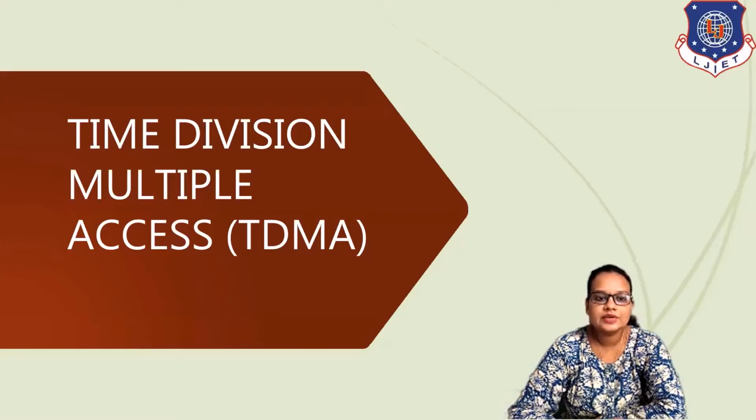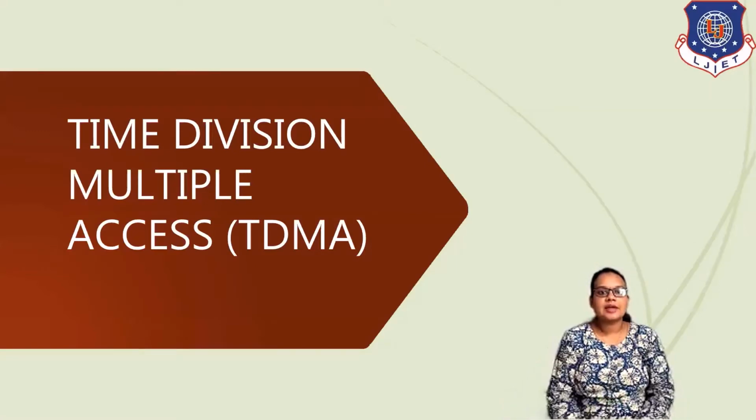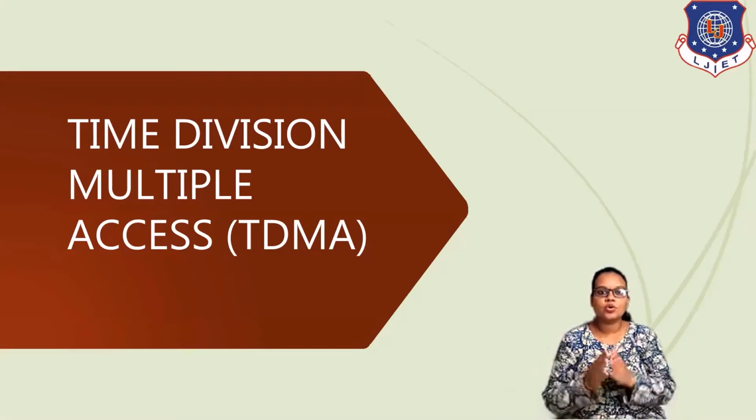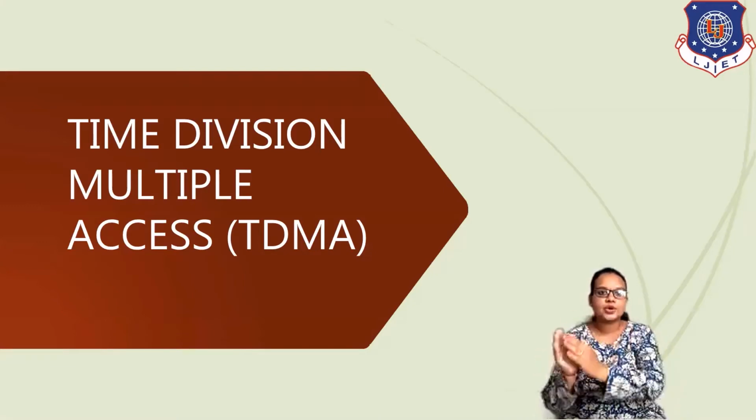So basically, what does TDMA, time division multiple access, mean? Similar to what we discussed about frequency division multiple access: in the FDMA system, we divided the whole bandwidth into different frequency bands.